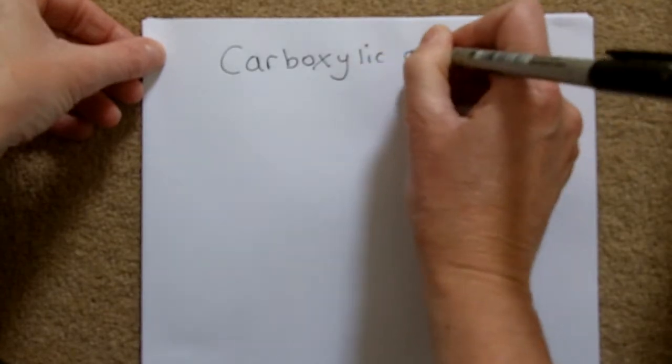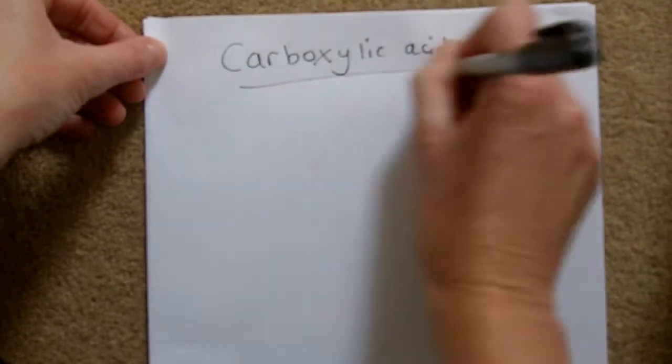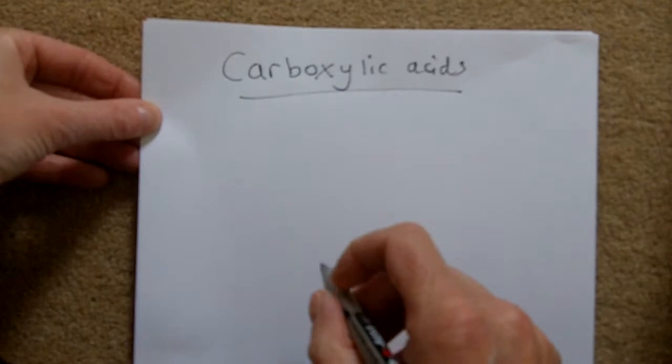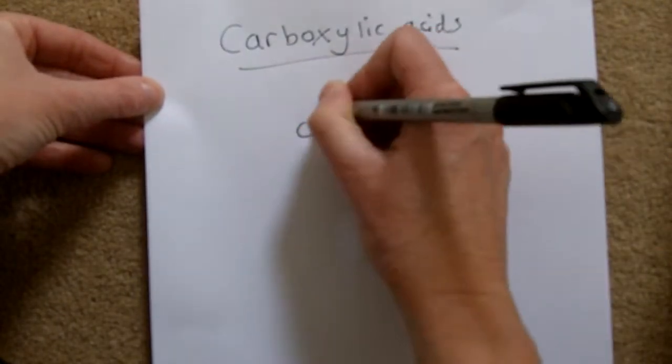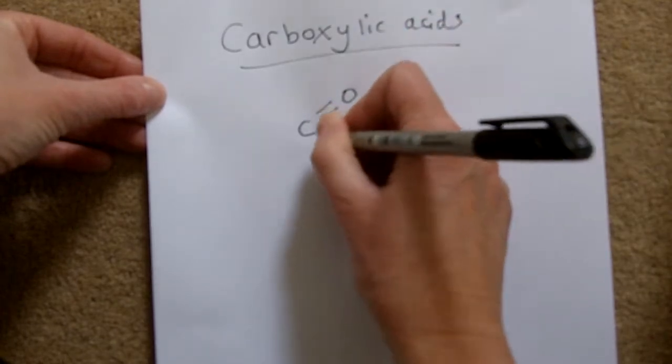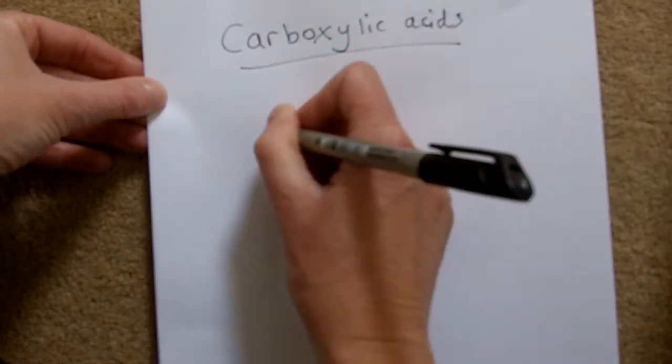Carboxylic acids. Okay, so a carboxylic acid is where you've got a C double bond O, OH.